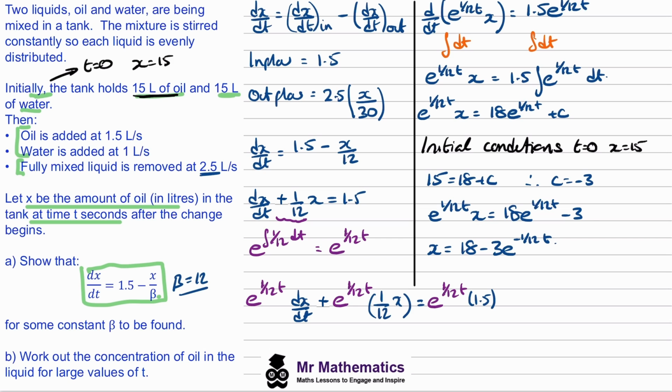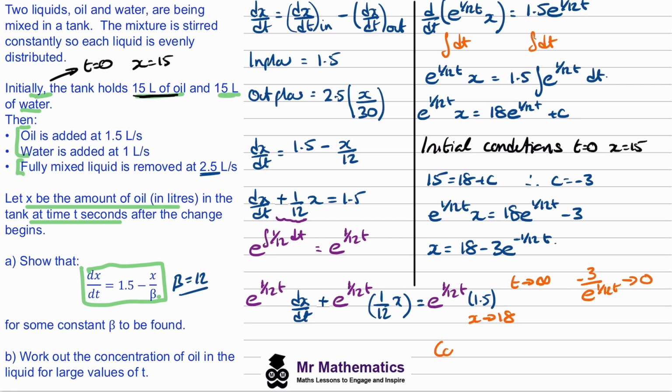For part B, work out the concentration of oil in the liquid for large values of t. So if t tends to infinity, then this term will tend to 0, because we'll have -3 divided by this very large number. So if this bit becomes 0, then the amount of oil will tend to 18.